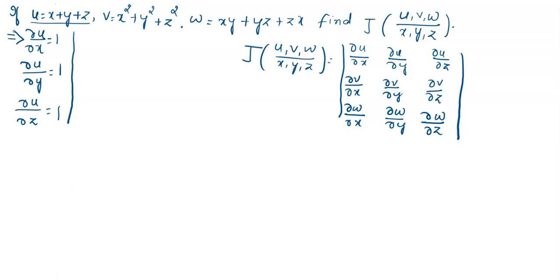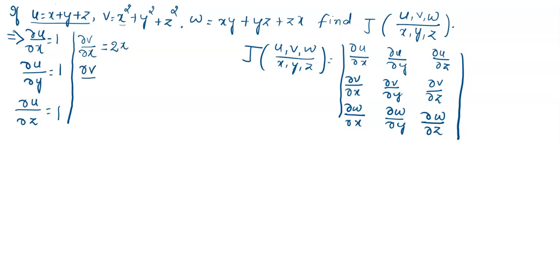Same thing, we have to find out dou v by dou x, which represents the first order partial derivative of v with respect to x. We have to differentiate this with respect to x, partially treating y and z as constant. So the differentiation of x square is 2x.